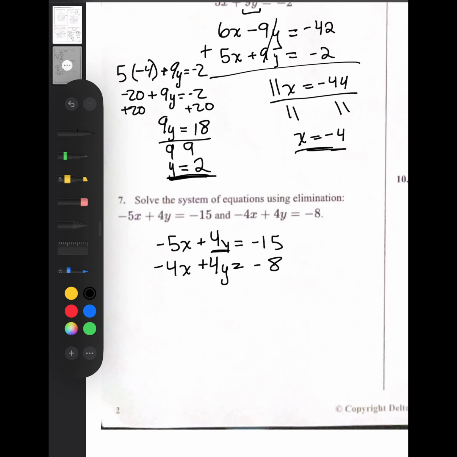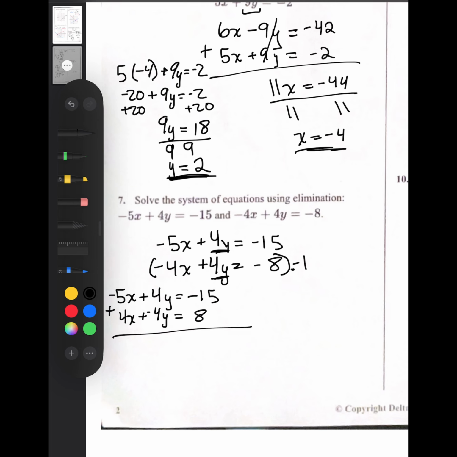However, we notice these 4 y's are here. So what we can do is multiply one of them by -1 to get a -4. So we're just going to rewrite this over here. The top equation, we did not touch. We're just going to leave it by itself. Then we multiply the bottom, so it gives us 4x plus -4y equals 8.